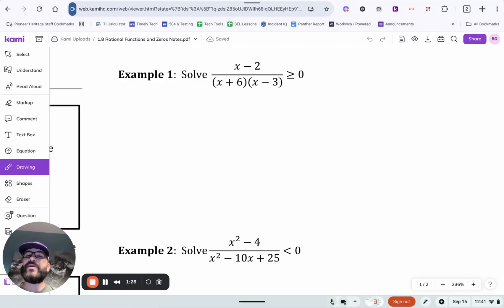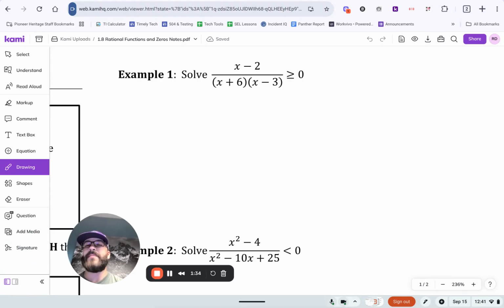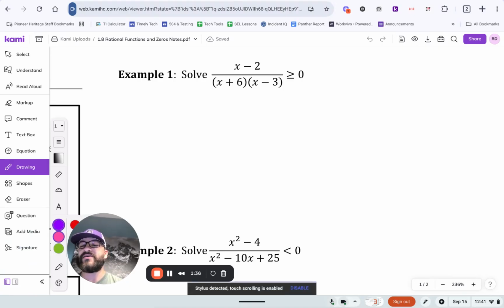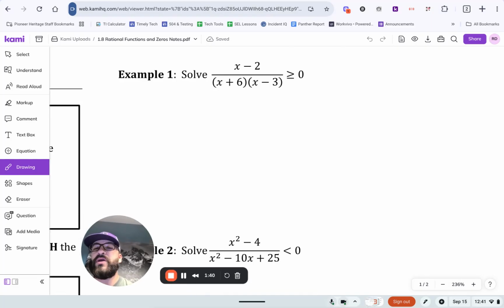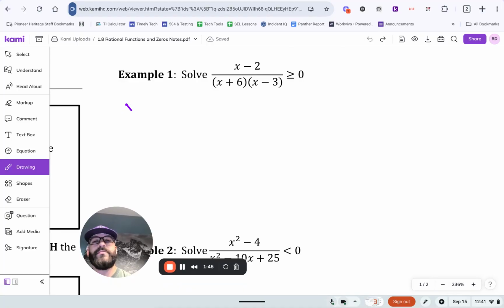Okay, and the first thing we want to do is find our zeros from the numerator and our undefined values from the denominator. So let's go and set each of our factors equal to 0.